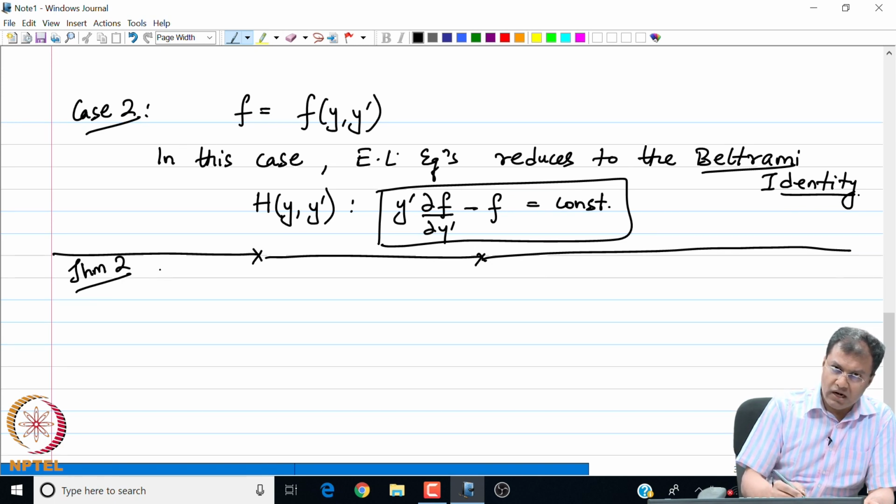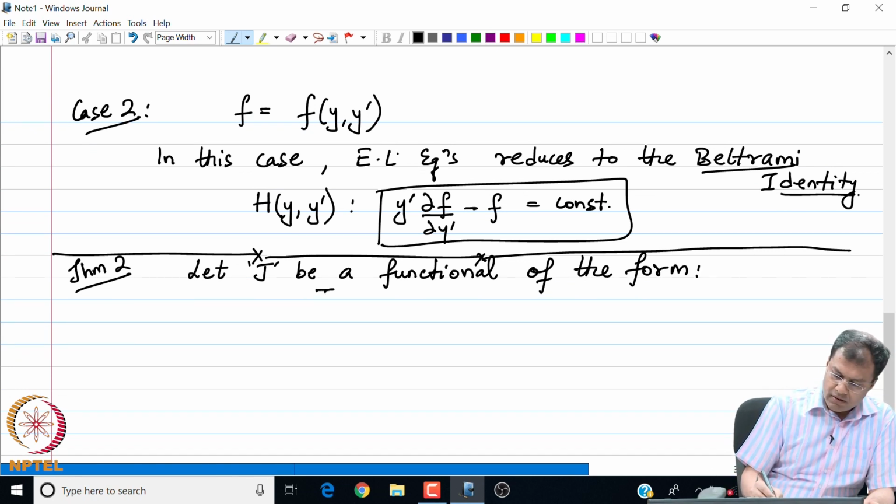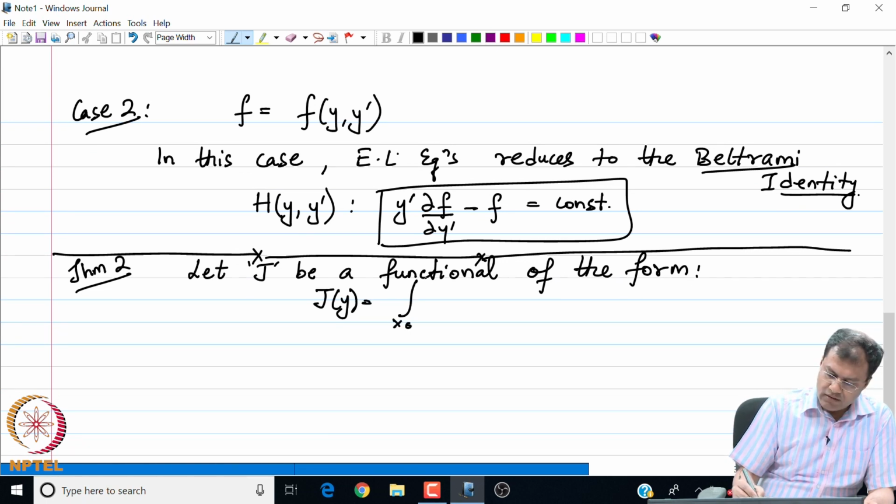The first theorem was the Euler-Lagrange equation itself. So, the second theorem says that let us say we have a functional. So, let J be a functional of the form J of y is equal to integral x0 to x1 f of y comma y prime dx, right.